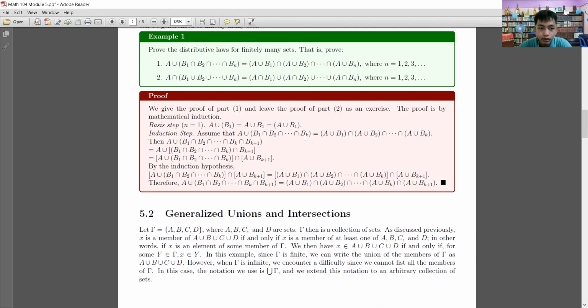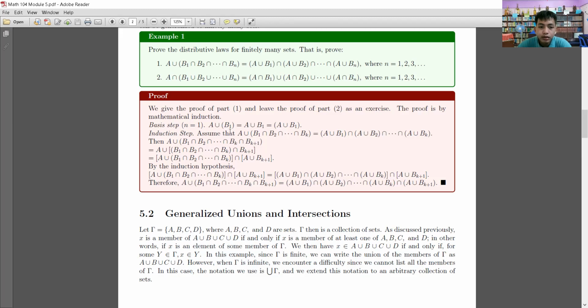Okay? So, from the assumption, A union B sub 1 up to intersection B sub k plus 1 is equal to this. So, we group from B sub 1 up to B sub k. Okay? So, using distributive laws, the union distributes here. Okay? So, we group this. So, we have A union B sub 1 intersection B sub 2 up to intersection B sub k, then intersection A union B sub k plus 1.